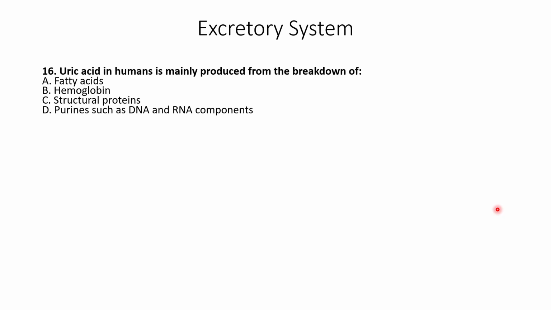Then there are ureotelic animals, who are the ones who secrete in the form of urea. Mammals like us and adult amphibians, like frogs or toads, excrete urea. Urea is relatively less toxic than ammonia. It's also water soluble, and you need a moderate amount of energy, because you have to undergo the urea cycle, which you may have heard of in the liver, and it needs a moderate level of water for excretion.